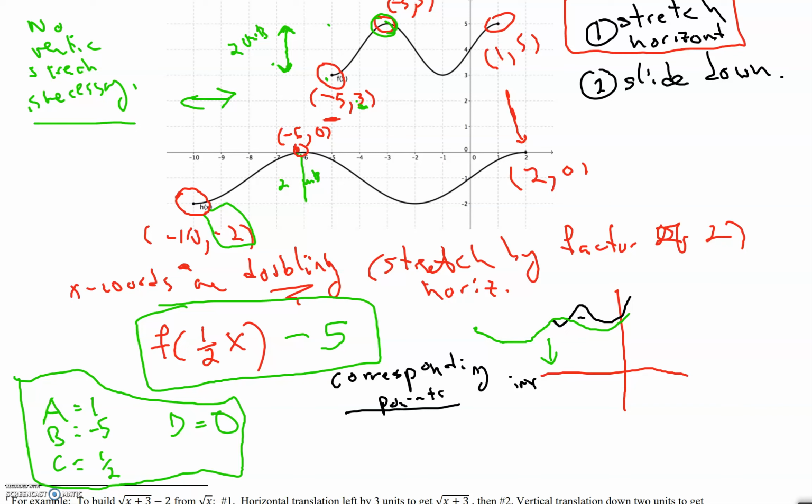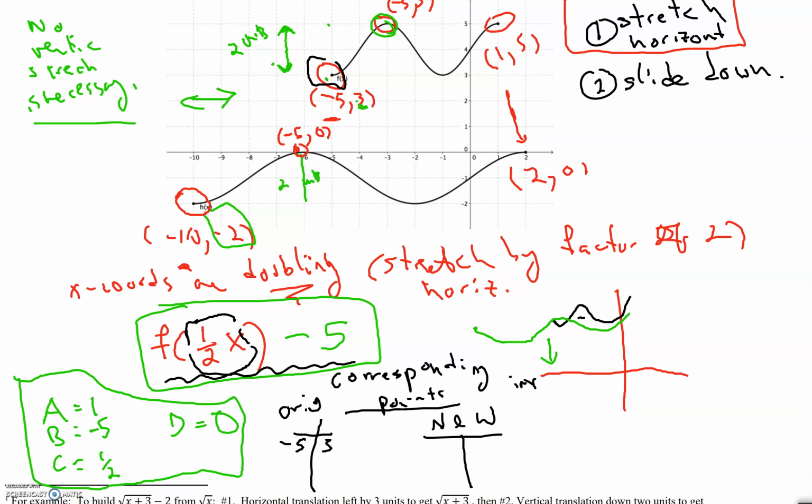If I take the point right here, -5, 3, on the original, then under this transformation, the -5 actually gets doubled by this input of 1/2, because remember, whatever number that is, it's the reciprocal that actually happens for the x coordinate, so that's -10. And what happens to the y coordinate? Well, 3, we just subtract 5, so 3 minus 5 is -2.